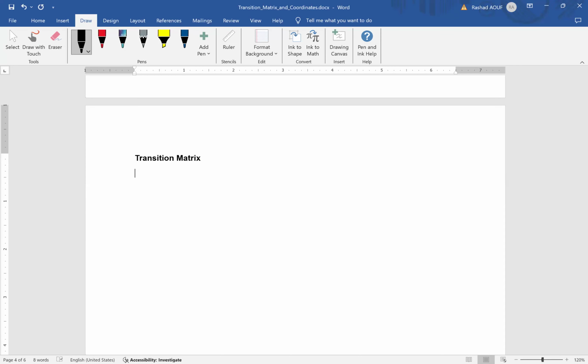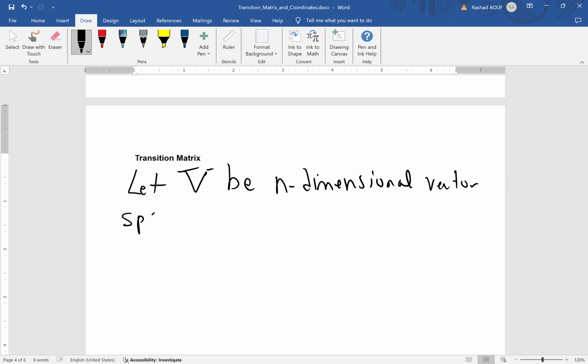Let V be an n-dimensional vector space and S equal to v1, v2, up to vn. For an n-dimensional vector space the basis has n vectors.